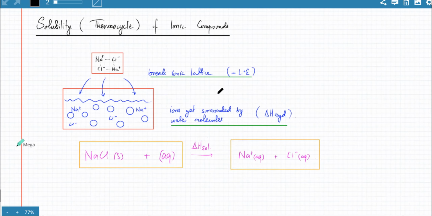So the other route is you're going to break the lattice. That is going to give you Na+ and Cl- gaseous ions. So that's the first step.